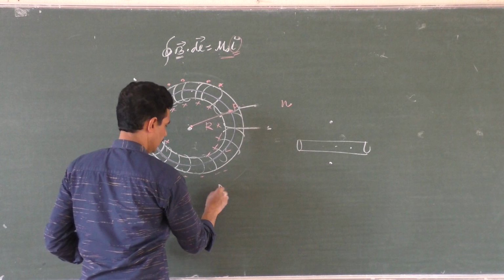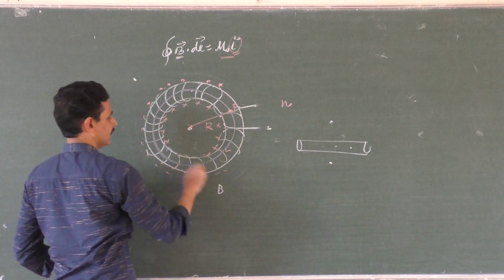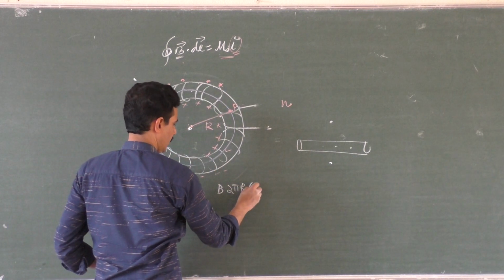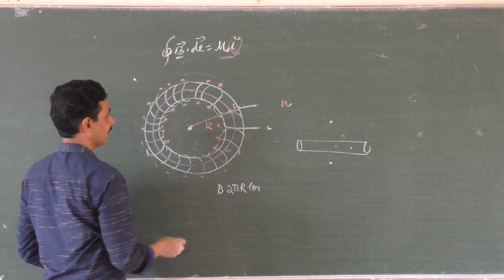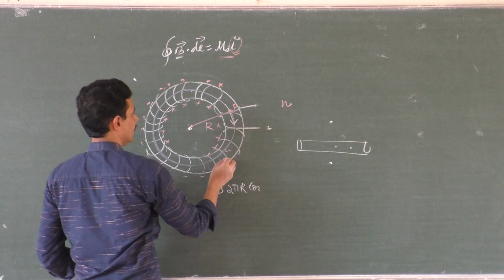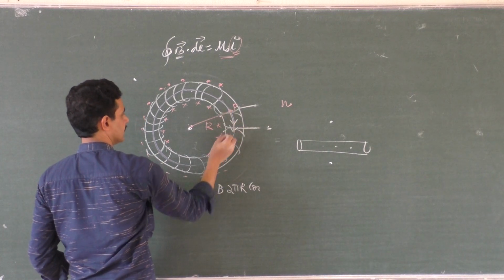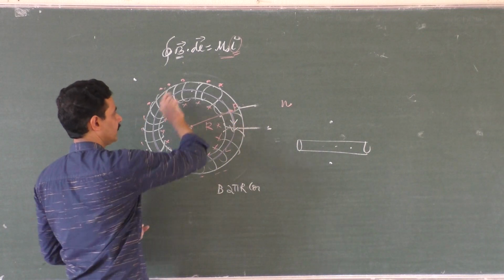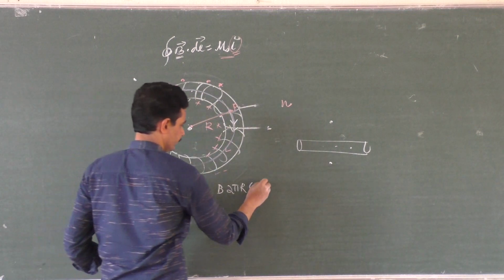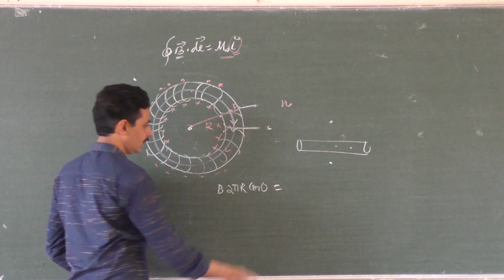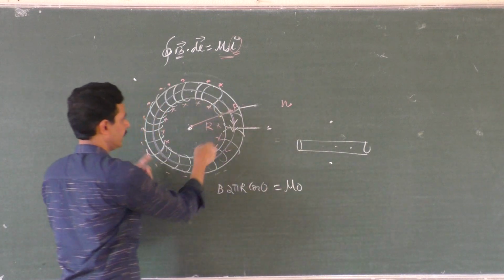So B times dl becomes 2 pi r cos theta. What is cos theta? You see, the magnetic field is along the wire like this and you are moving along the same direction. Magnetic field is along the axis and the Amperean loop is also along the axis. Cos 0 must be equal to mu naught times the net current in the area bounded by the curve.